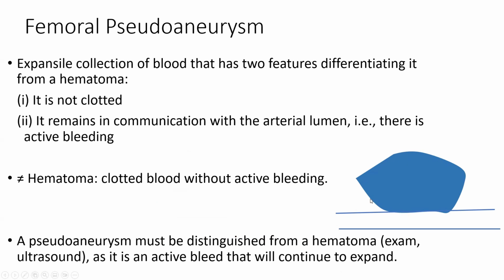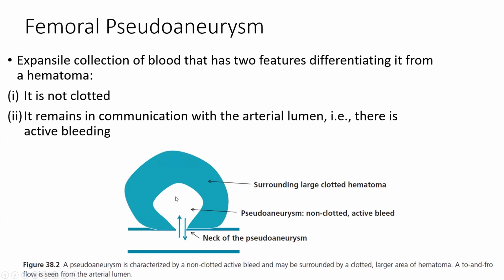It's a clotted collection of blood with no active bleed. It's fully clotted and there is no active communication with the lumen. This here, the white one, is a pseudoaneurysm. It's an active collection of blood that is actively communicating with the artery and it's not clotted.